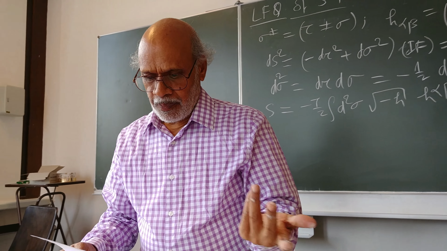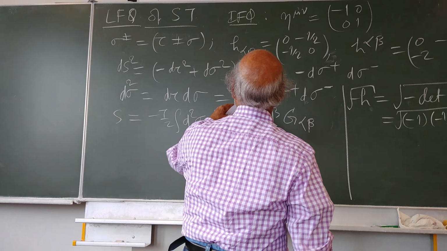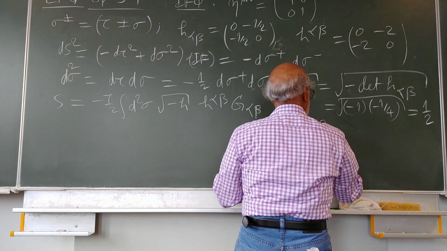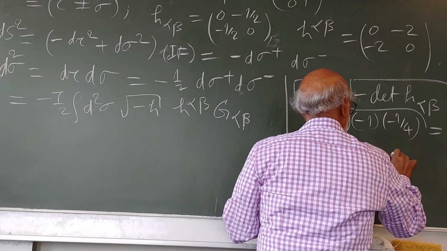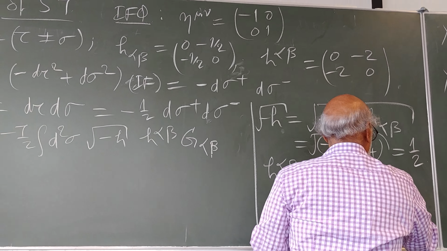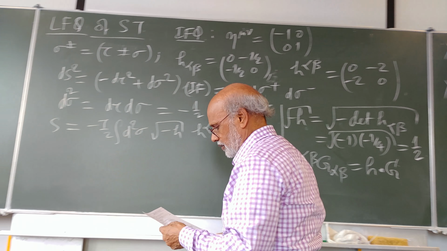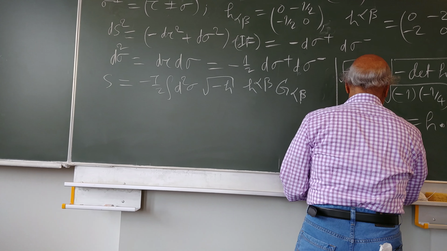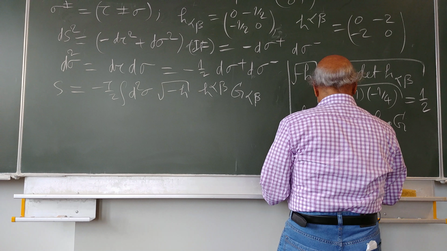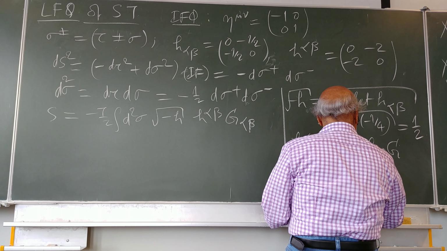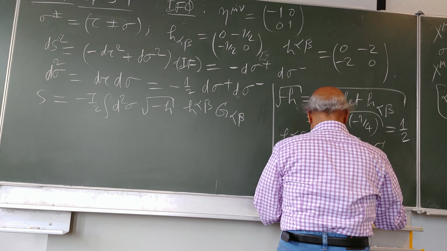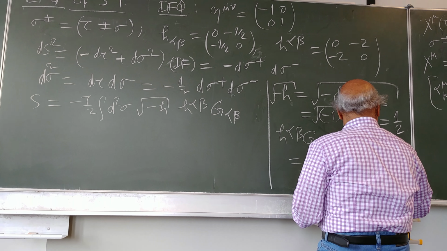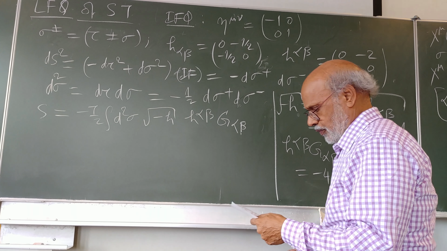So we know this object, and then our h alpha beta g alpha beta is h dot g. This we can calculate separately. Let me just write down the result here. This is minus 4 times del plus x mu del minus x.